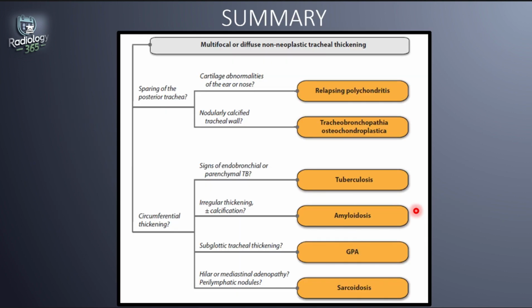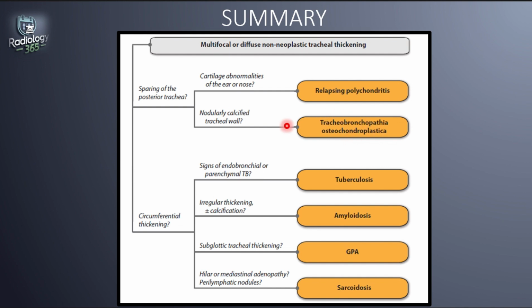So to summarize, when we are talking about multifocal or diffuse non-neoplastic tracheal thickening, you could either have those that spare the posterior trachea and those that involve the posterior trachea or cause circumferential thickening. For those sparing the posterior trachea, I think the ones that attack the cartilage, so relapsing polychondritis and tracheobronchopathia osteochondroplastica.